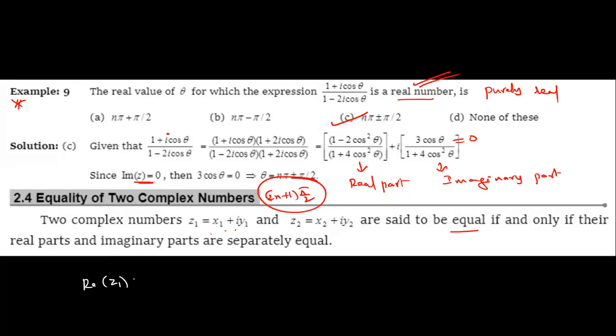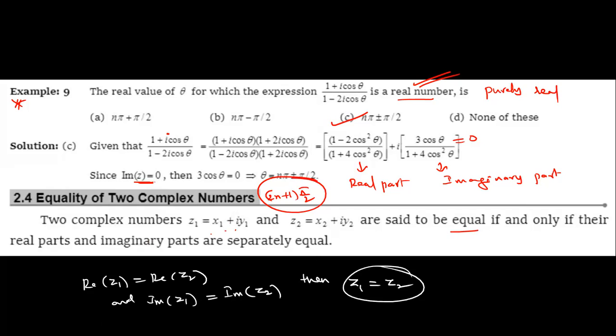Real part of Z1 is equal to real part of Z2 and imaginary part of Z1 is equal to imaginary part of Z2. Then we can say that Z1 is equal to Z2. Dear students, keep in mind, you cannot compare these numbers. You cannot say which one is the biggest number or which one is the least number.